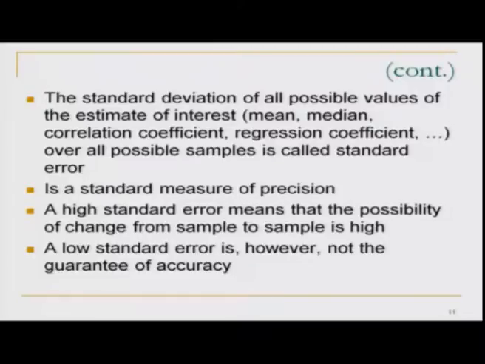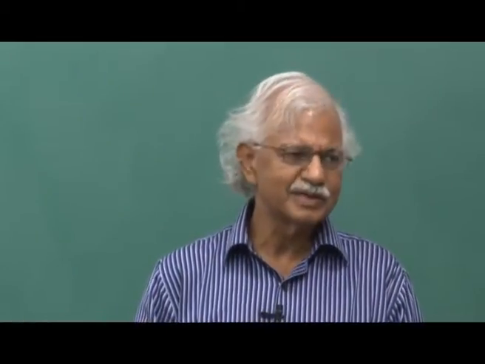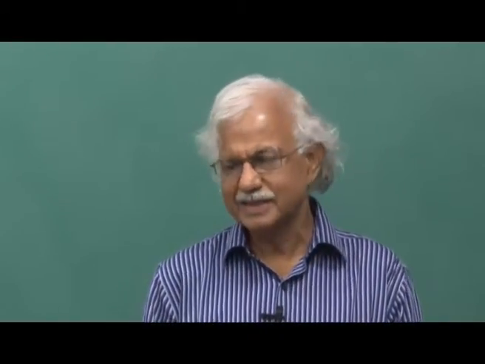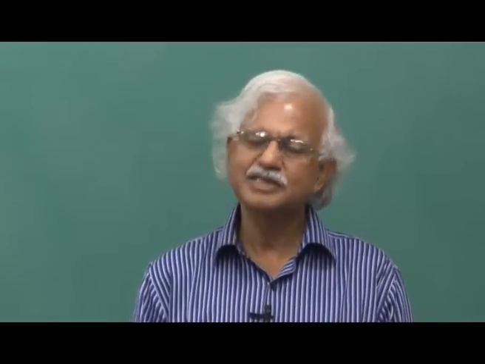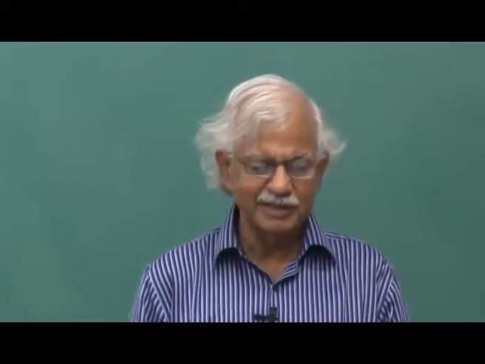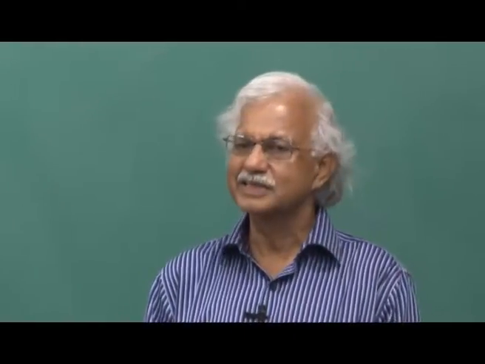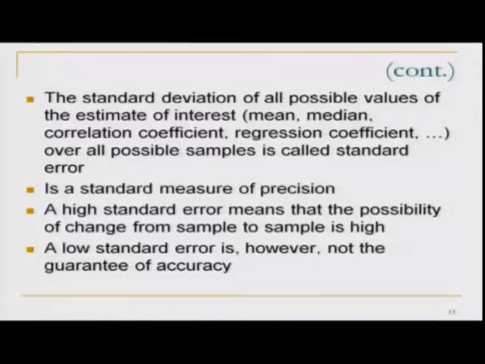So, if you calculate the correlation coefficient between two characteristics from sample data, you can also imagine that a similar value can be calculated from all possible samples, and the correlation coefficient may vary from sample to sample. To what extent, that needs to be seen, but the correlation coefficient will vary from sample to sample, and the standard deviation of these variations is called the standard error of correlation coefficient.